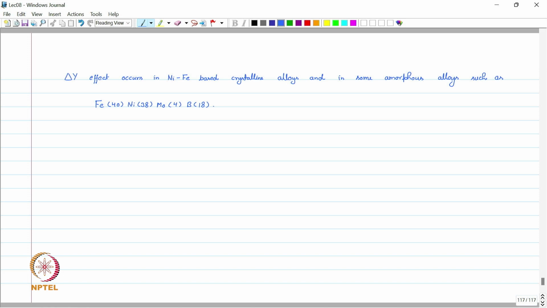So this delta Y effect occurs in nickel iron based crystalline alloys and some other amorphous alloys.